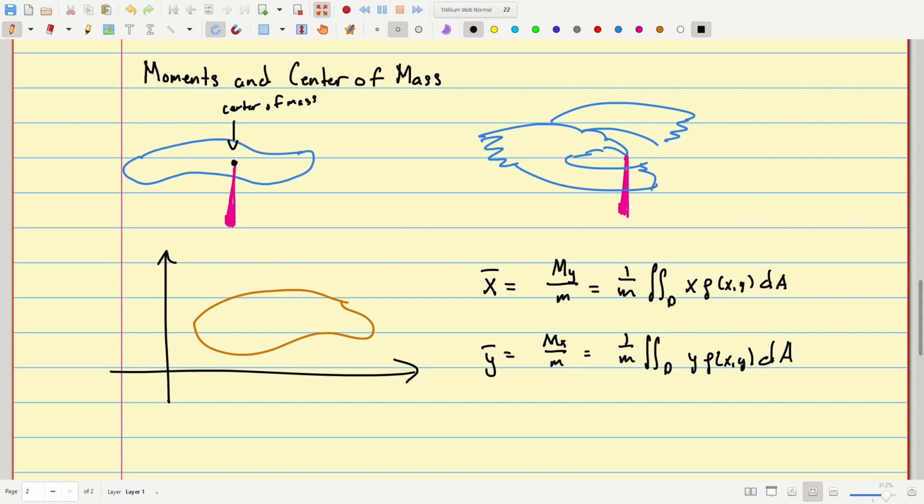It was a big pain in the rear. All right, but here we know how to integrate with respect to both x and y, so we can just do it that way. All right, so this is actually better. All right, there's less to think about. All right, now these terms here, this m sub y and this m sub x, are known as the first moments.